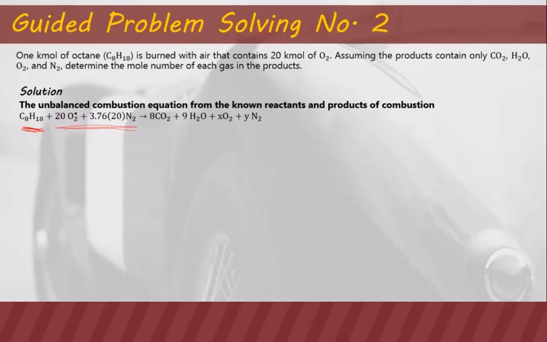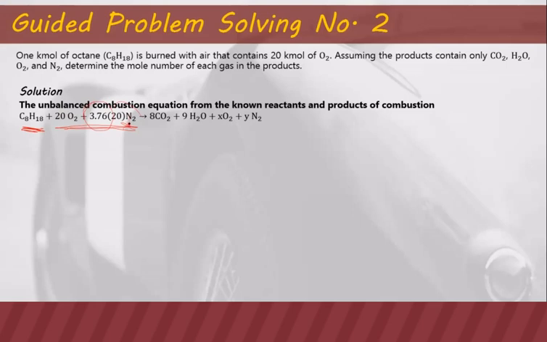And then we know that for each mole of oxygen there is a factor of 3.76 for us to obtain the moles of nitrogen, because air will always contain nitrogen gas. That's why we always multiply by 3.76 to obtain the number of moles of nitrogen gas.